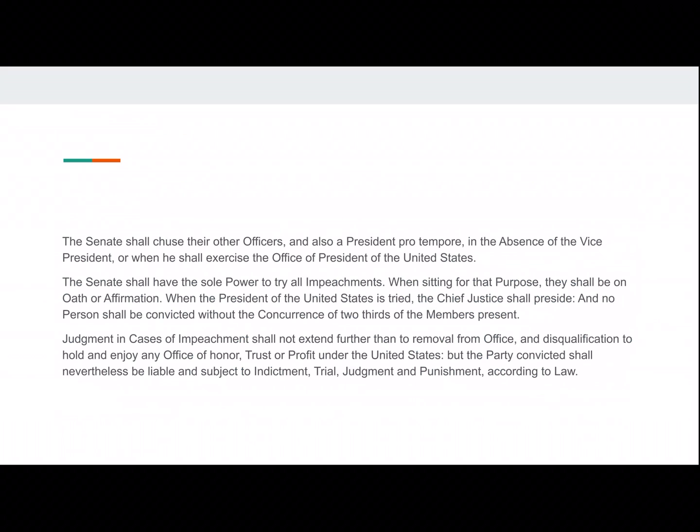And the Senate has yet to find that majority. In all the impeachments that we've had, everyone has been impeached by the House, but nobody has been removed by the Senate. And they're just saying that all they can do is remove them from office, and they have to get charged for criminal stuff later on by another state.